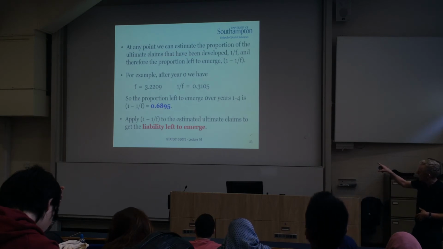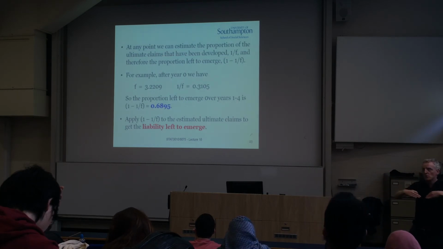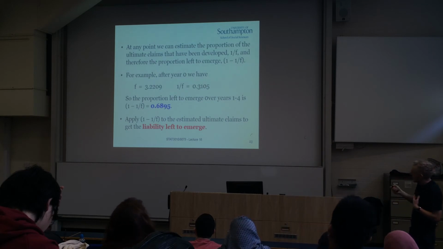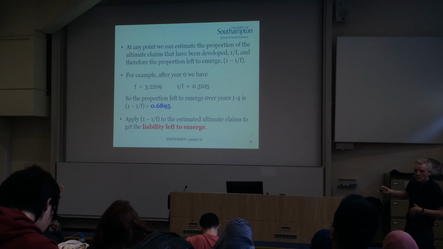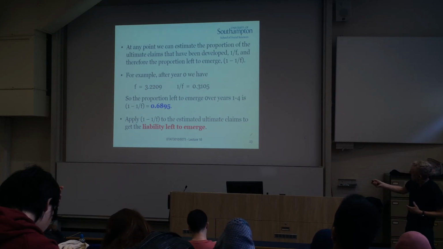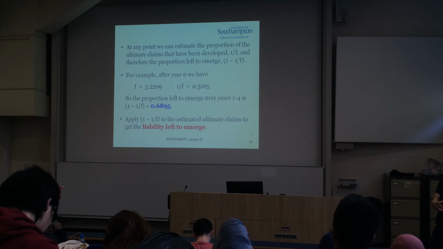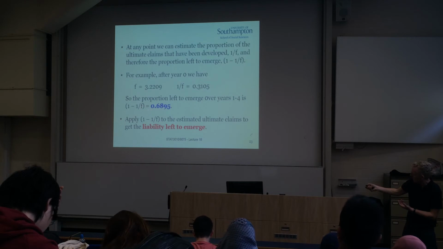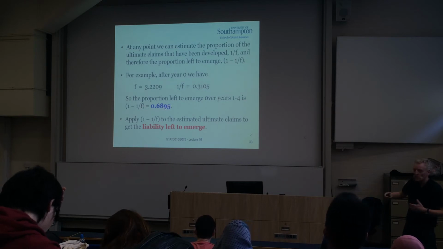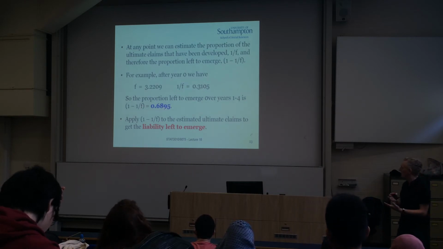Here's an example that corresponds to the bottom row of the table. My projection ratio is 3.22. I invert to get 0.31, so 31% of claims have already emerged, and therefore 1 minus 1 over f, about 69% of the claims, have yet to emerge.